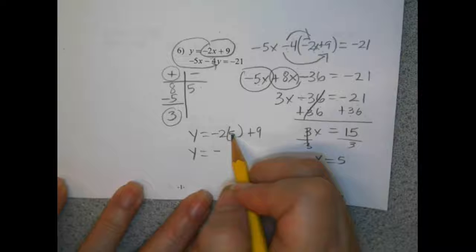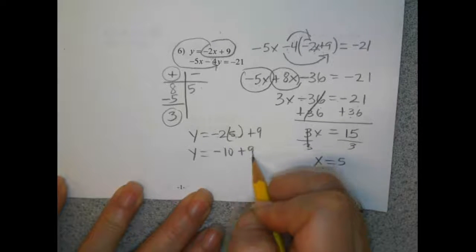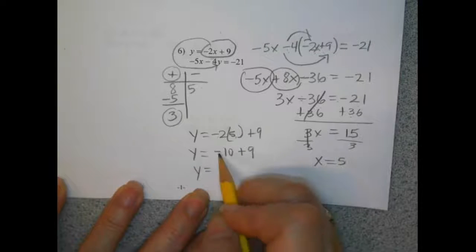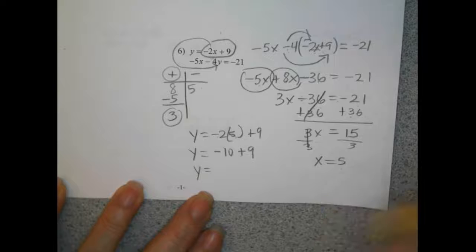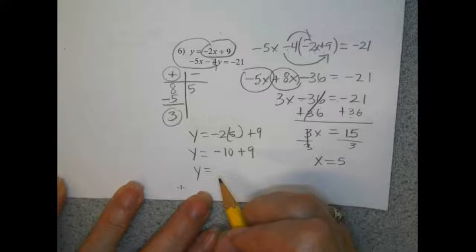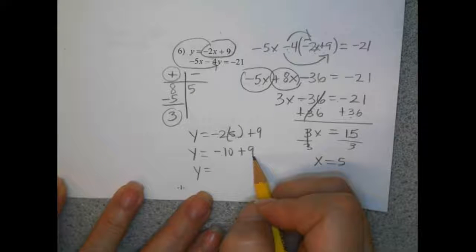Negative 10. Plus 9. I'm multiplying. Okay. So what does y actually equal? Negative 10 plus 9 is? Negative 10 plus 9. Oh, positive 19.